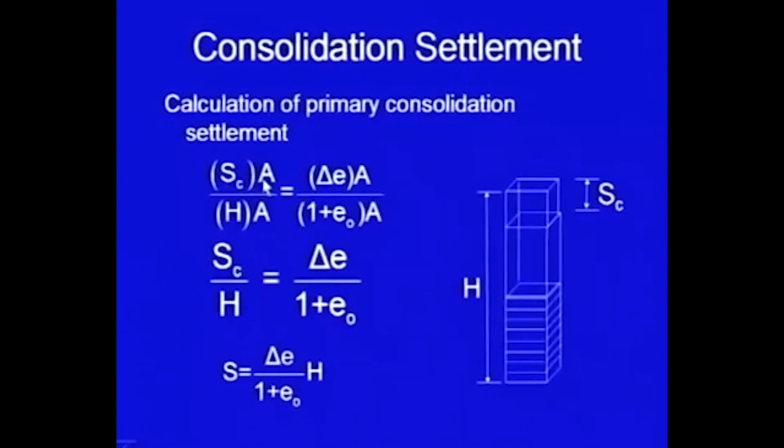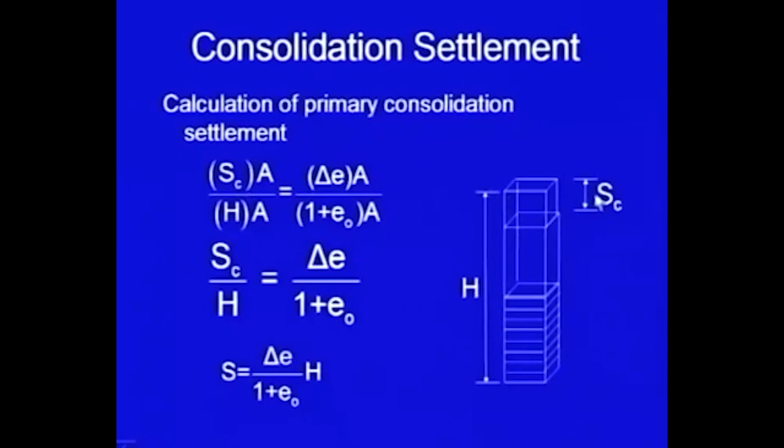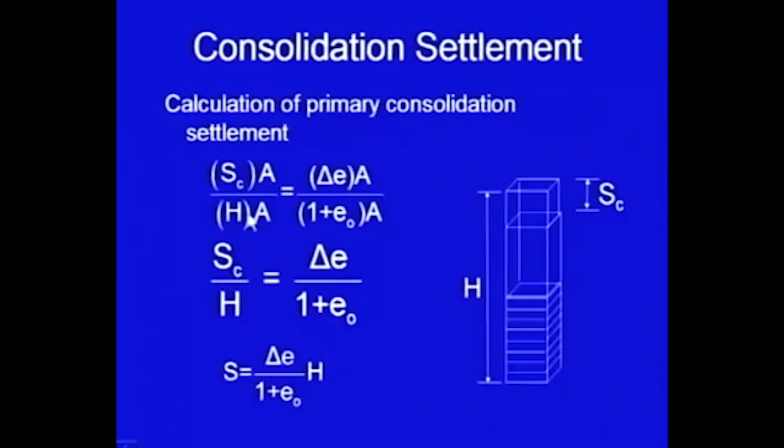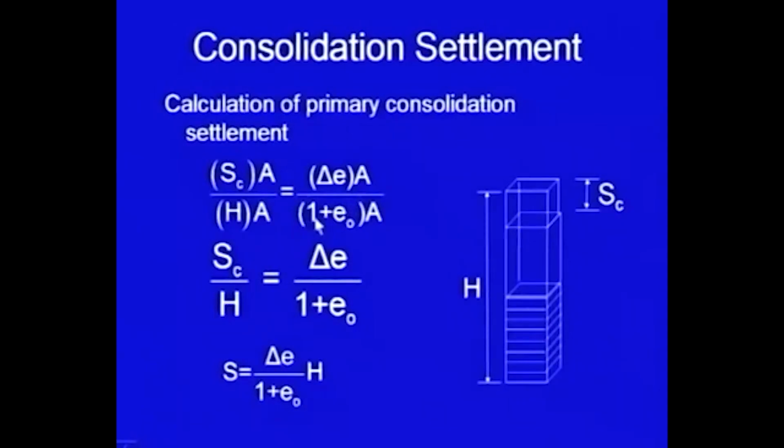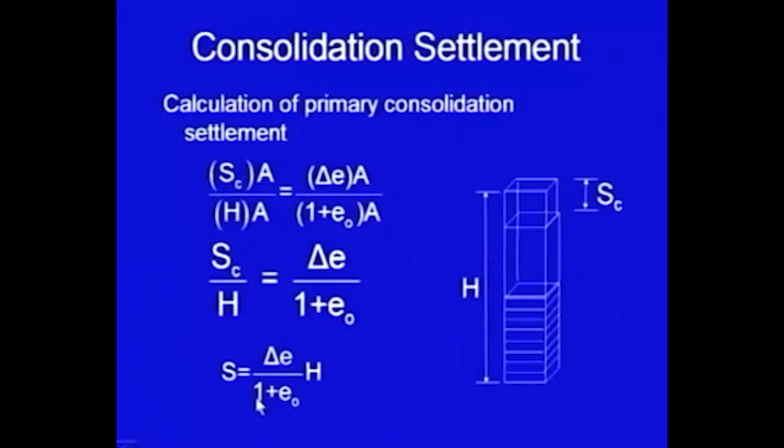One can get these expressions: Sc into A divided by the total height H into A, where A is the area, will be equal to delta e into A divided by (1 plus e0) into A. So, one can obtain the expression Sc upon H equal to delta e upon (1 plus e0). Finally, you can have Sc equal to delta e upon (1 plus e0) into H.